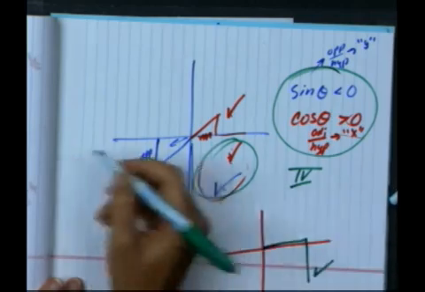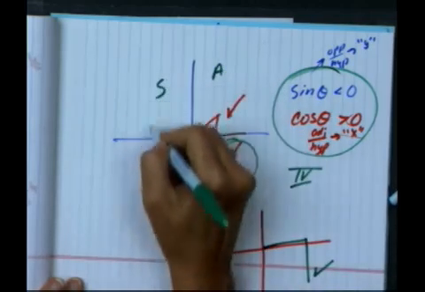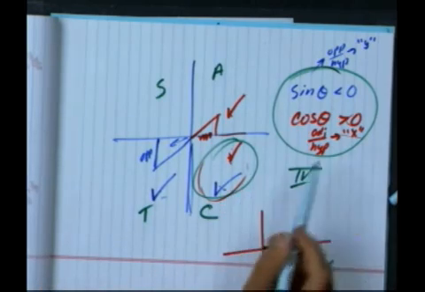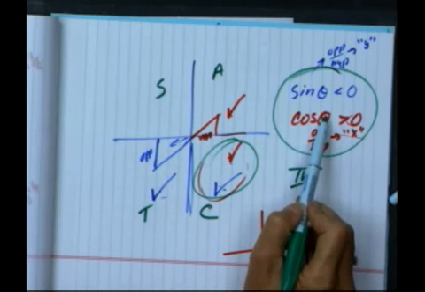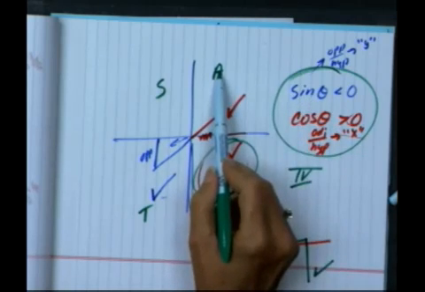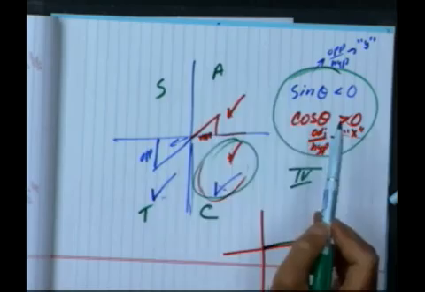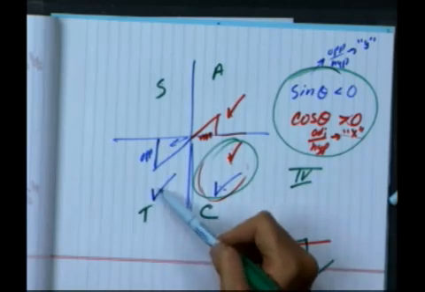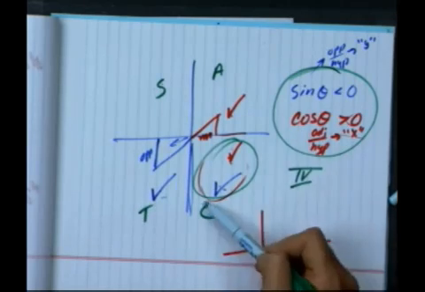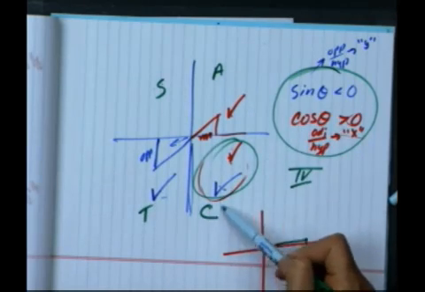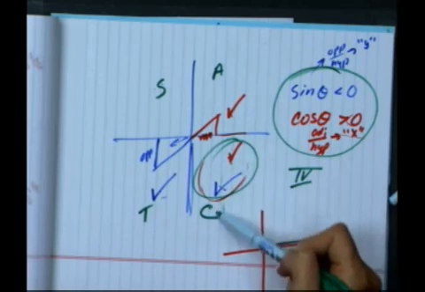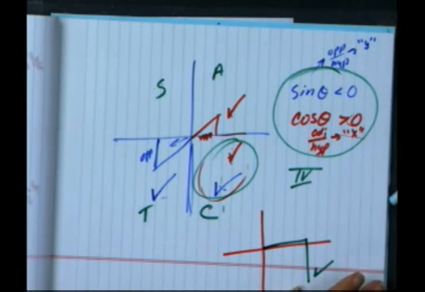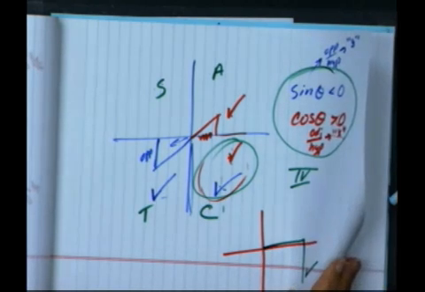That would mean that your cosine, since both of them are not positive, it wouldn't be here. This is where your sine is positive, so it wouldn't be here. The only one that's positive here is tangent, but this one has cosine positive only, and that means your sine would be negative, so you could use that. Okay? Everybody good?